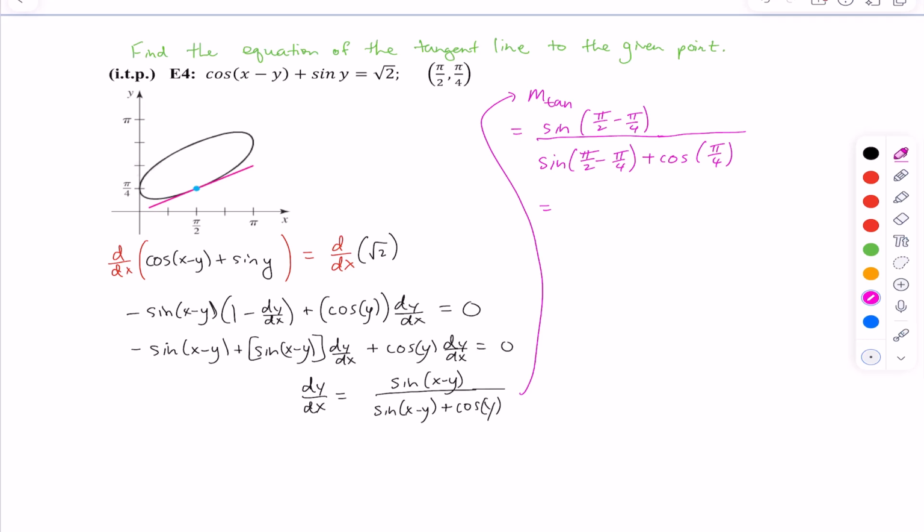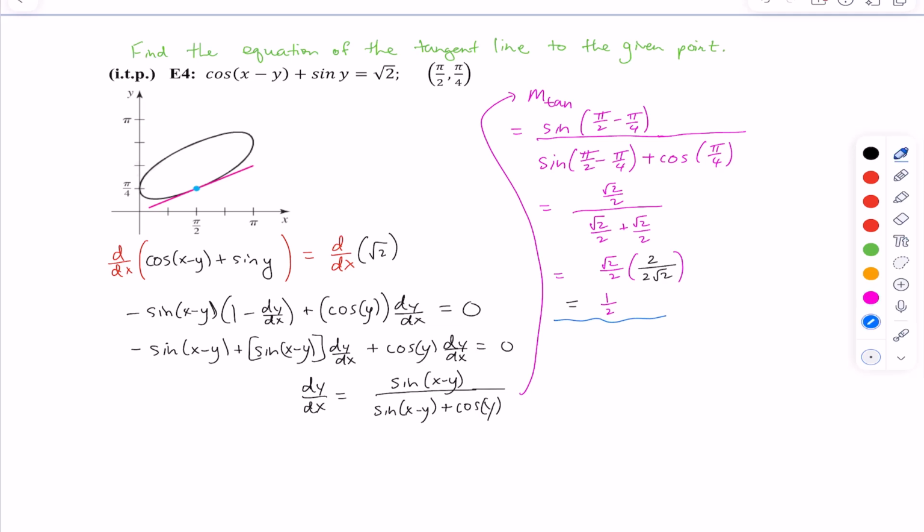So you just need to know your trig values. Notice we would get 1/2.